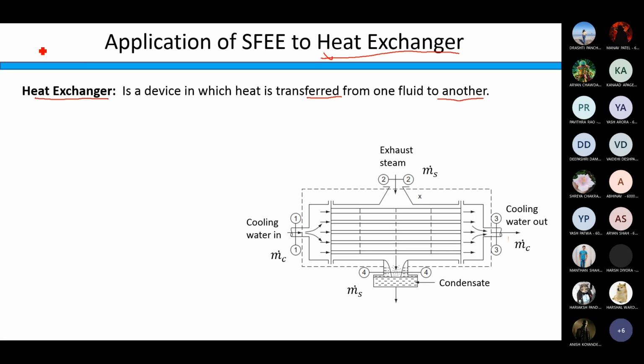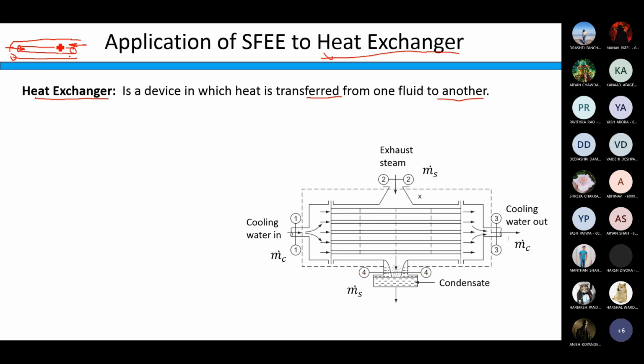You can have a very simple kind of heat exchanger, like taking two concentric tubes like this. This is the inner tube and the outer tube, right? Pass hot fluid on one end, let us say through the inner tube in this direction, and pass the cold fluid through the passage between the outer surface of the inner tube and the outer tube.